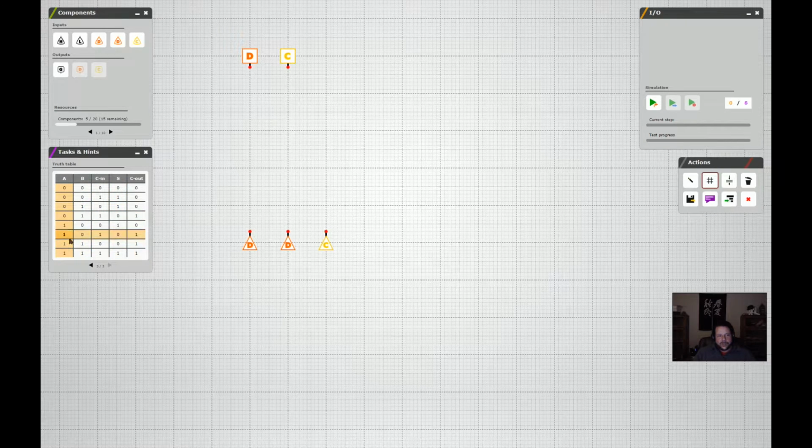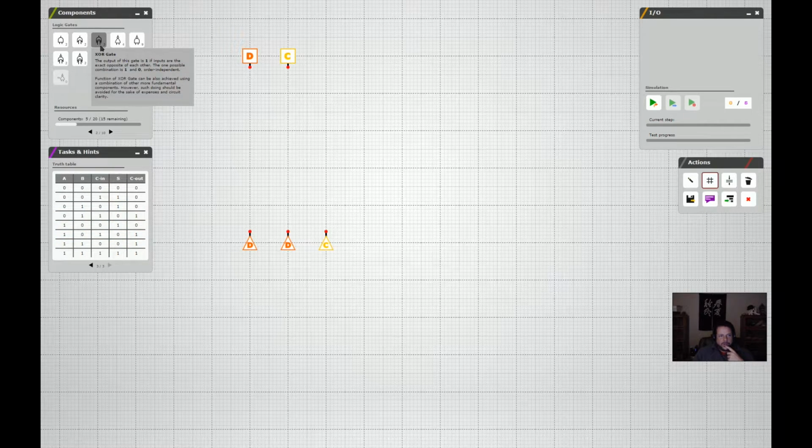And in this one, we've got basically the same situation. A is 1 here, and sum is 1. But in this one, A is 1, but carry in is also 1, and the sum is 0. And this is bringing me back to the memory about the XOR gate, right?